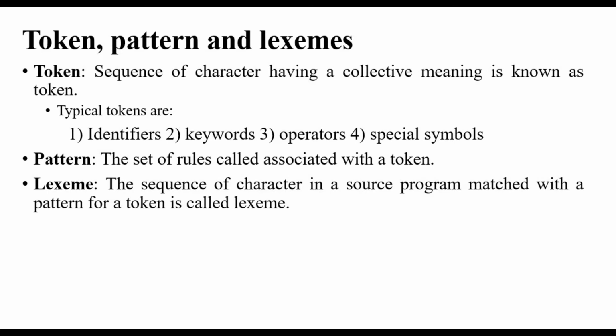Then what is a lexeme? The sequence of characters in a source program matched with a pattern for a token is called a lexeme, and it is identified by the lexical analyzer as an instance of that token.